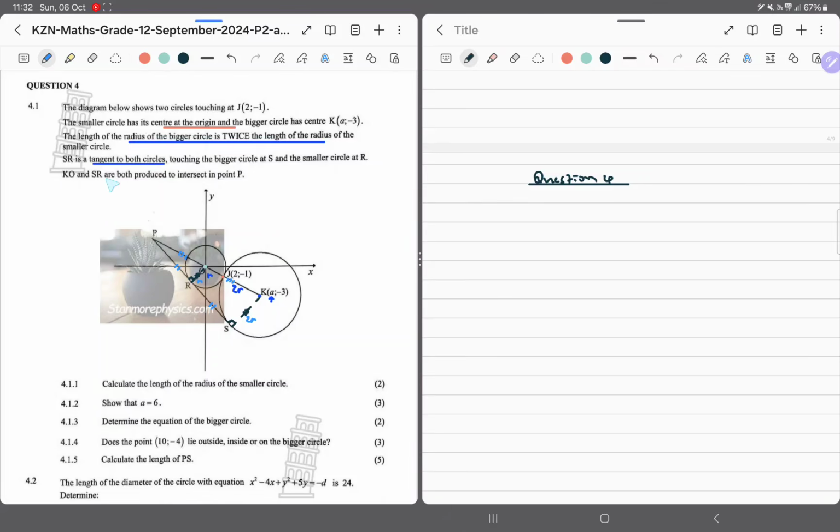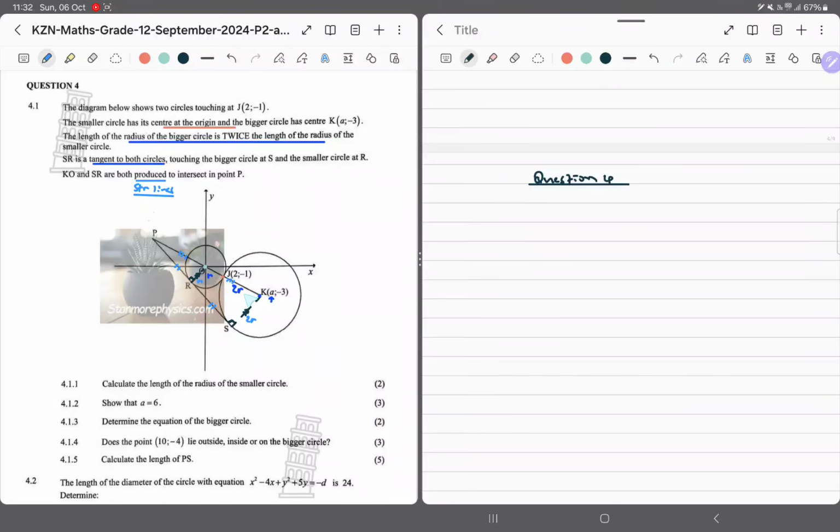Anyway, KO and SR are both produced, meaning they are just straight lines. Once you hear the word produced, it simply means straight lines. Remember, mathematical language has implications on either a value or a quality. As you can see, this being a tangent gave us these parallel lines. These parallel lines, again, we notice this is nothing but the radii.